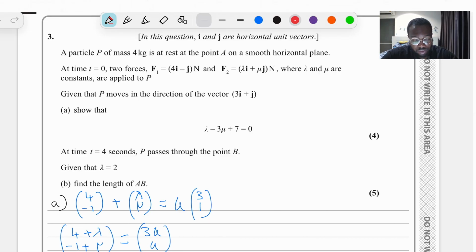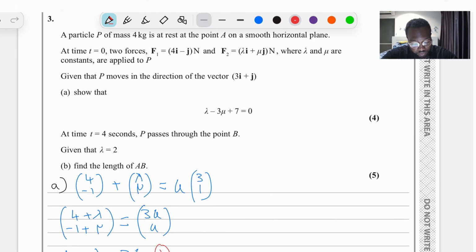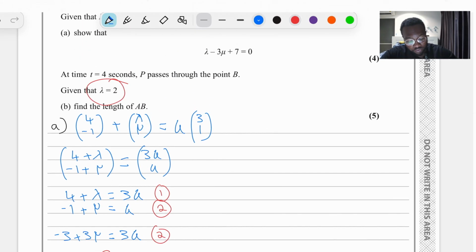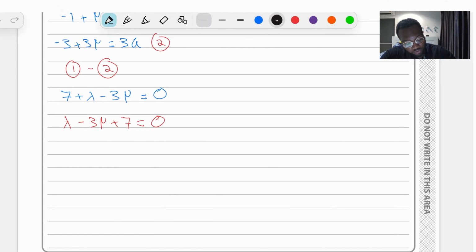So first things first, let's work out our mu value. They tell us that lambda is equal to 2. Therefore, we have 2 minus 3 mu plus 7 is equal to 0. Therefore, we get 9 minus 3 mu is equal to 0.